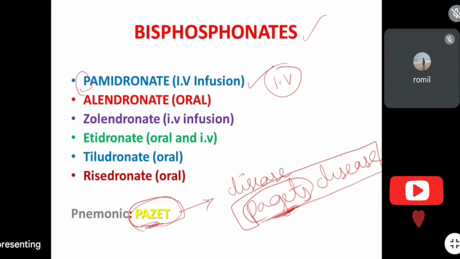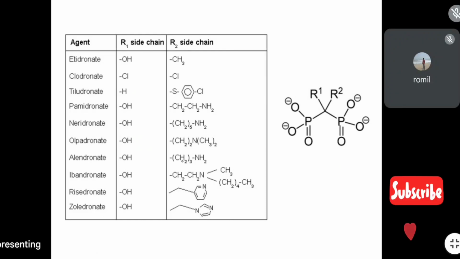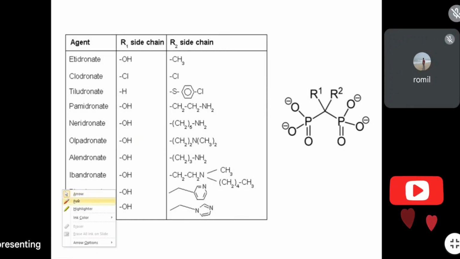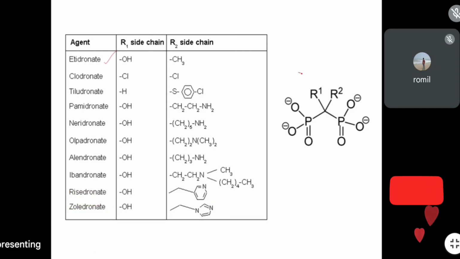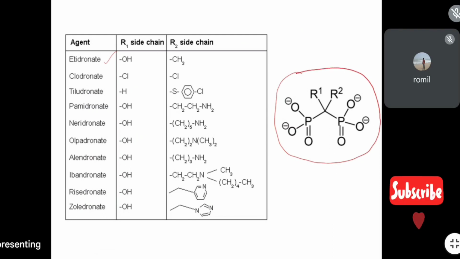Apart from these examples, we have many other examples based on their functional group. We have so many examples here, but we don't use all these drugs. This is the basic chemical structure of bisphosphonate. Just now I told you, PCP. On the carbon we have R1 and R2. If R1 is an OH group and R2 is a CH3 methyl group, then that drug is etidronate. Like that we have so many examples; in medicinal chemistry we will learn all these things.